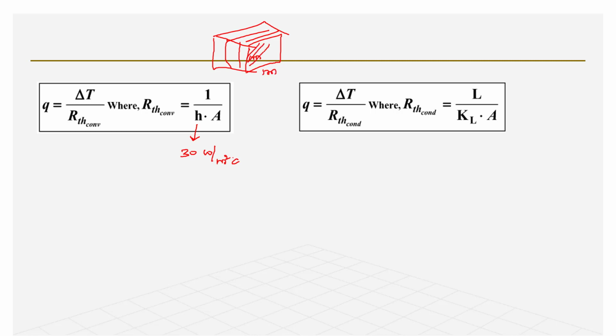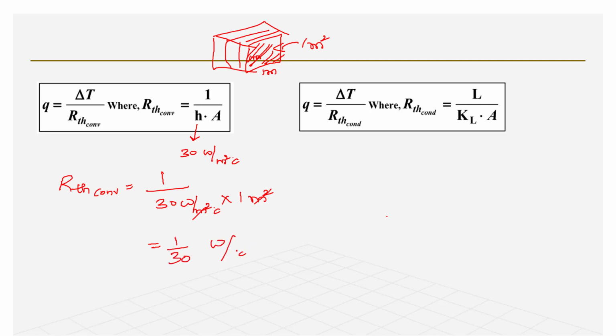So this heat transfer area is 1 meter square. So RTH convection is equal to 1 upon 30 watt per meter square degree Celsius into 1 meter square, right? So we get 1 by 30 watt per Celsius.